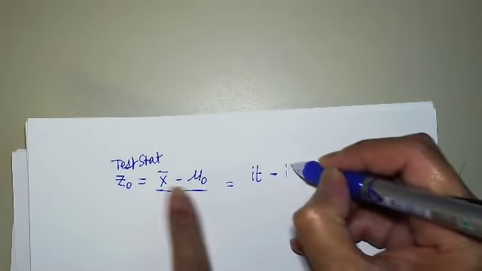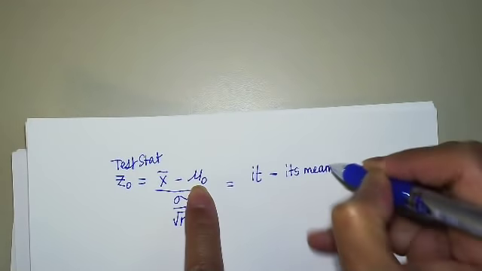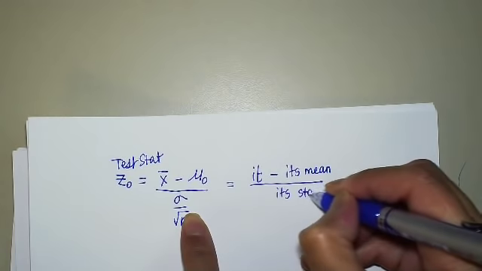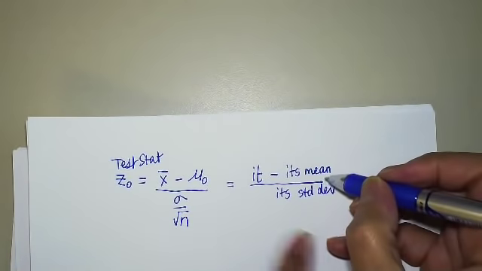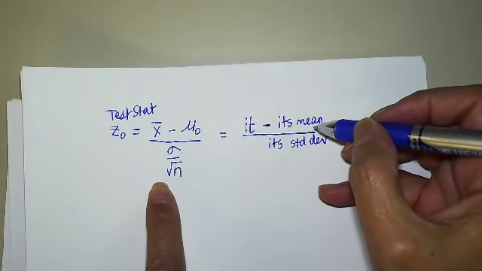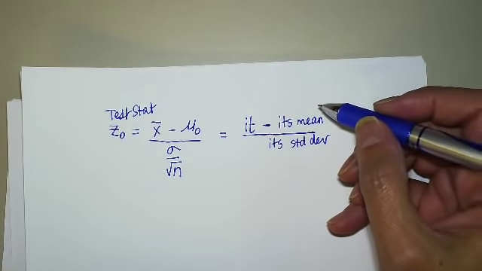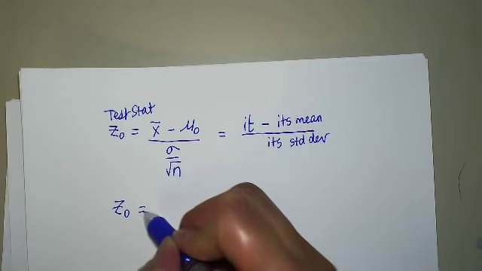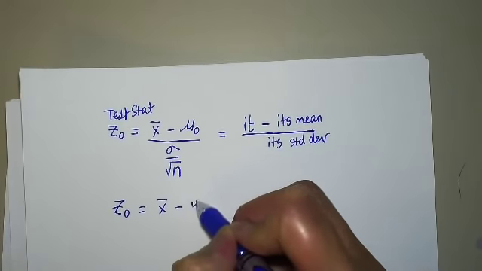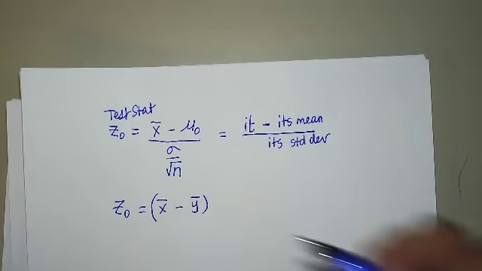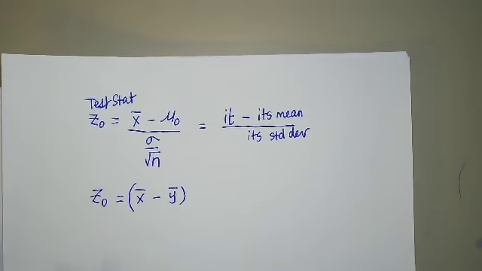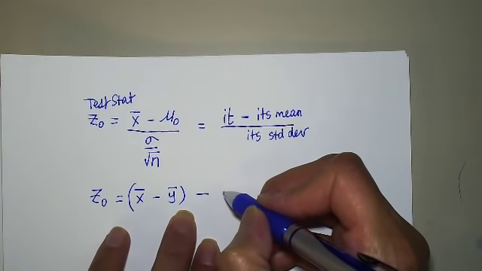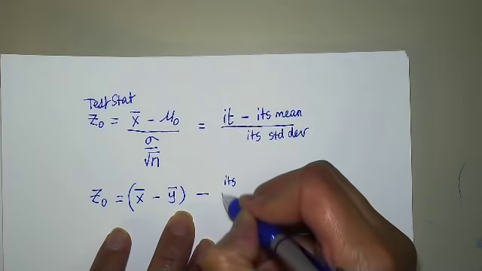The reason why this was the formula for the test statistic is because to create a z value, you have to take whatever it is that you are trying to create a normal distribution for. We're trying to standardize this guy, minus its mean, divided by its standard deviation. That's why the formula was what it was.